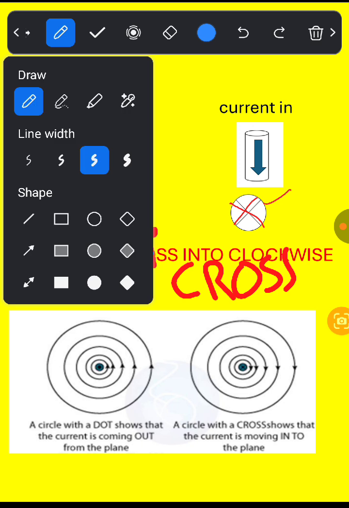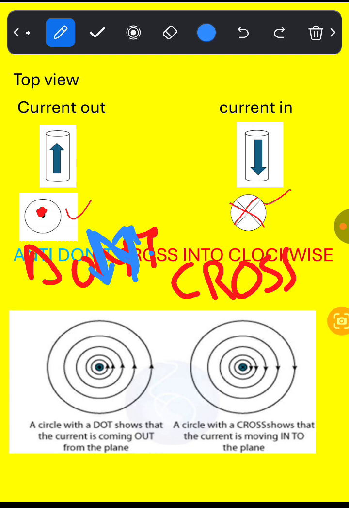So what I do is this. I have a dot, so I draw an N like this, then I draw an arrow. Right, so to draw the magnetic field lines, these are the magnetic field lines, then I have to indicate the direction of those magnetic field lines.